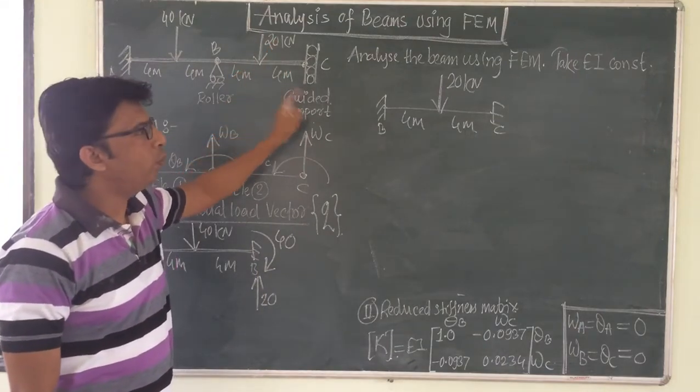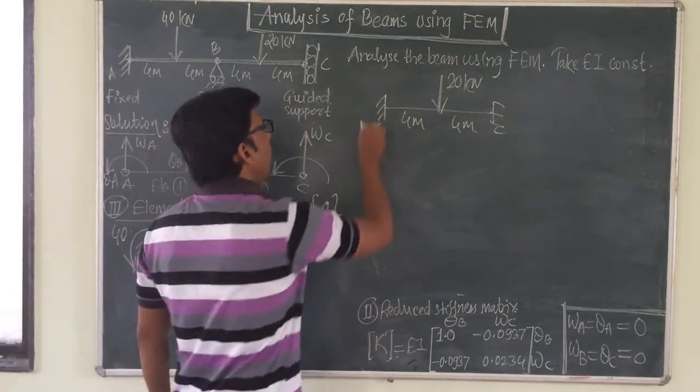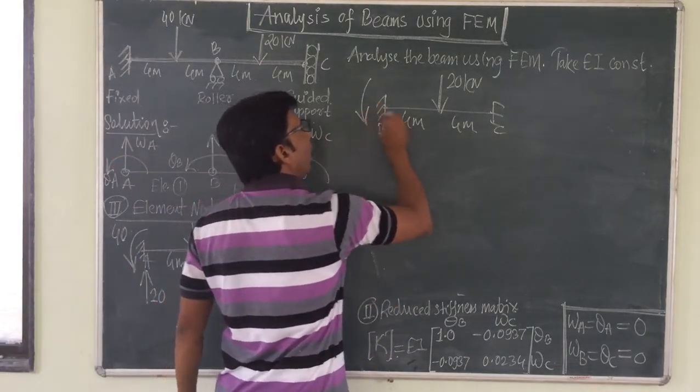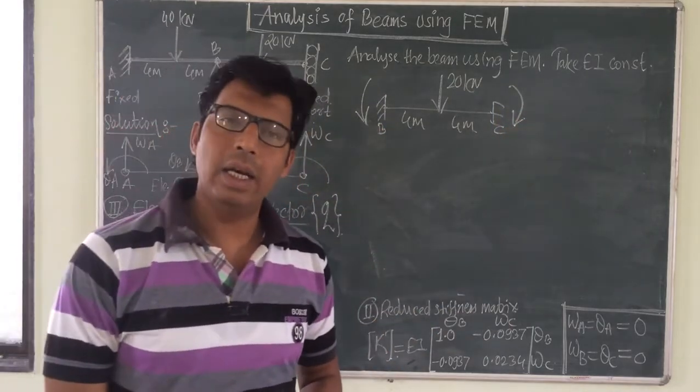Span is again 4 meter. So fixed moments again WL by 8, anti-clockwise at left end and clockwise at right end.